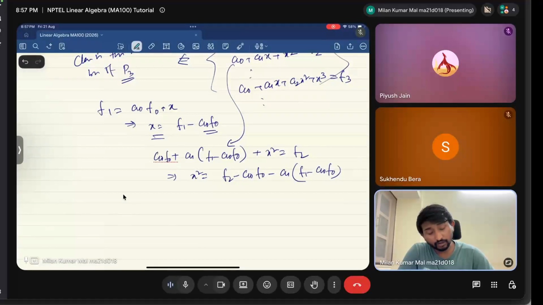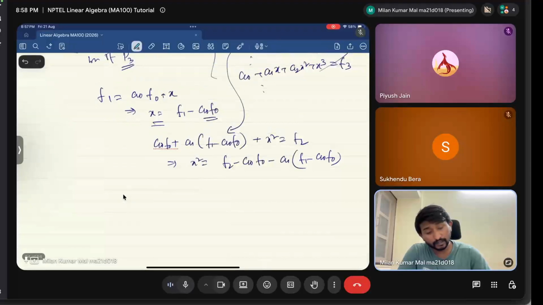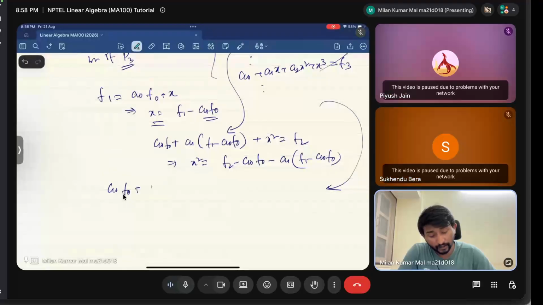In this way you can write the third equation like a naught f naught plus a1, and instead of x, I will write f1 minus a naught f naught.